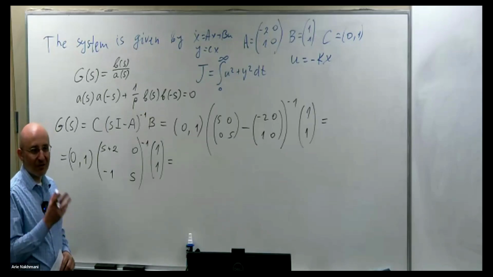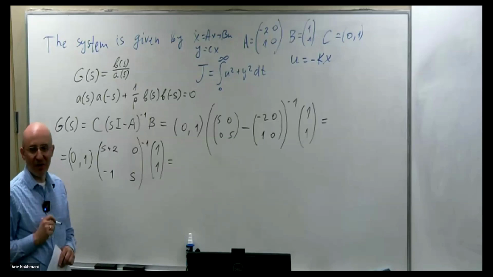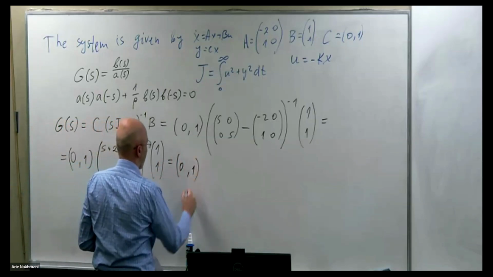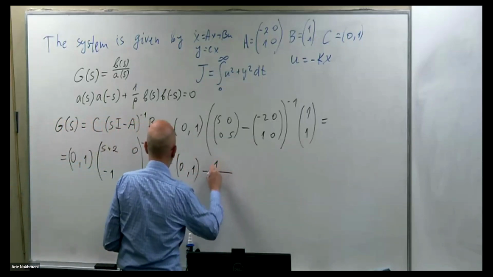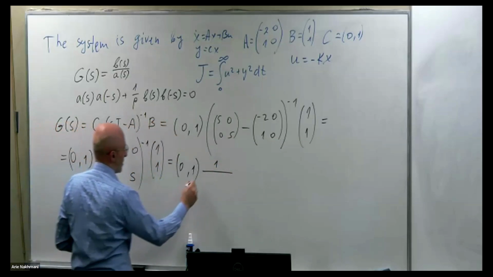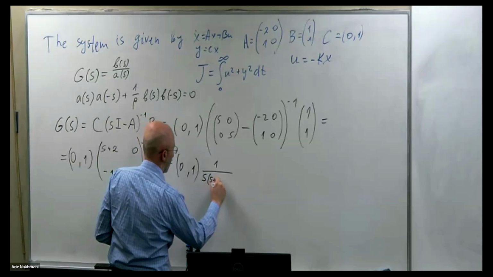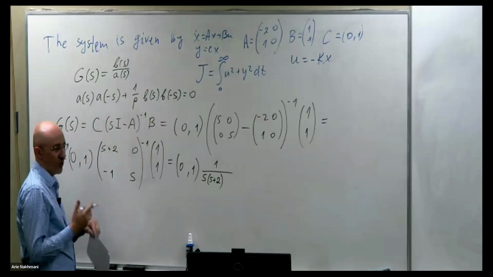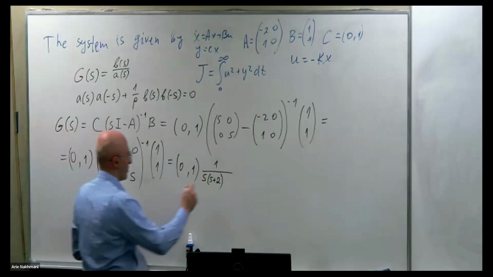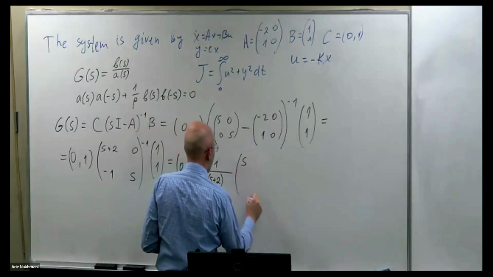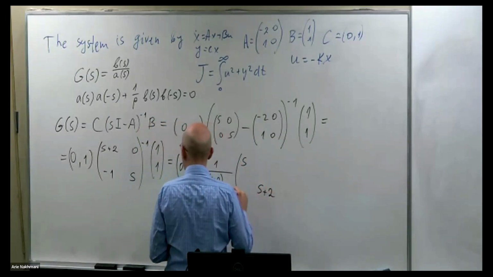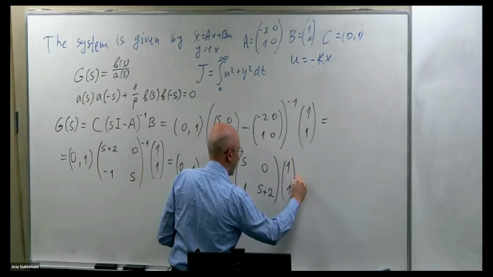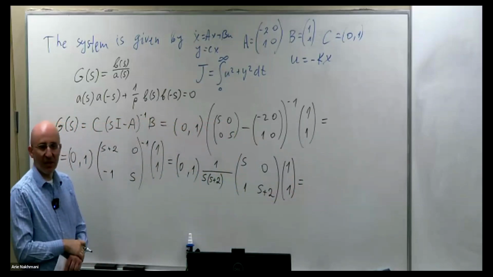Dividing by the determinant, switching the main diagonal, putting minus signs on the off-diagonal. Okay. So it's 0, 1 times 1 divided by the determinant. The determinant will be s plus 2 times s minus 0 times -1, but that's still 0. Right? So this is the determinant. Now here we are replacing this one with s plus 2. Here it will be 1, 0. Something like that.